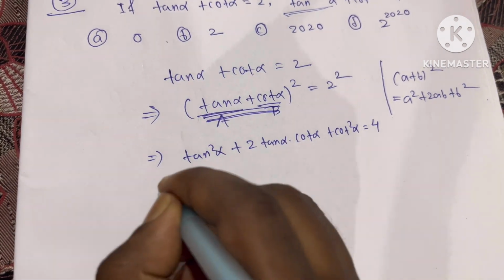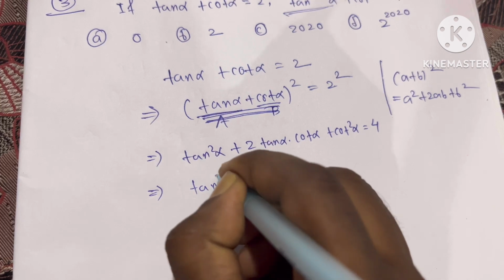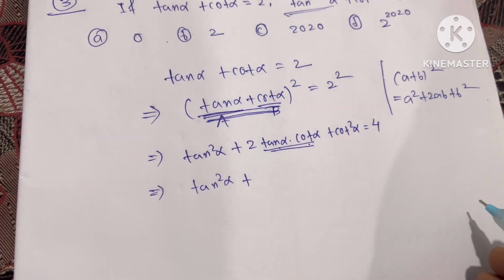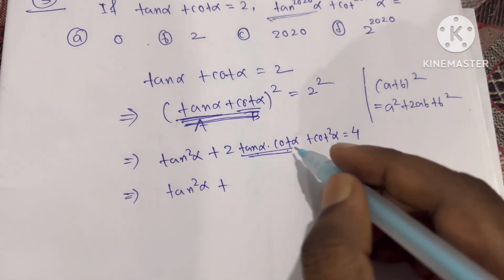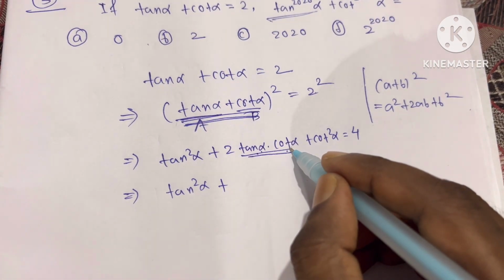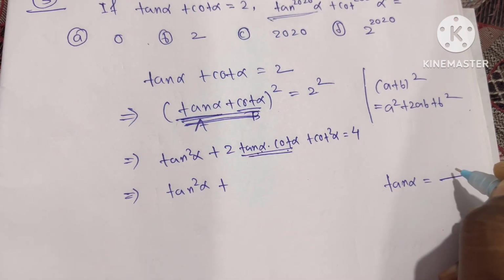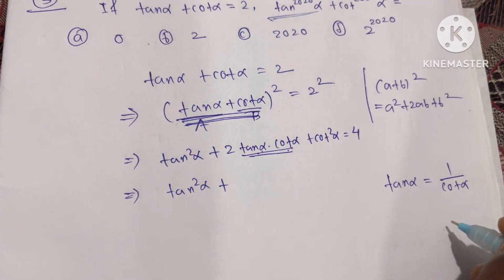Very simple. Now if we simplify tan square alpha plus, you see tan alpha and cot alpha are reciprocals of each other. That means if you multiply tan alpha with cot alpha, the answer will be 1. Why? Because tan alpha is nothing but 1 by cot alpha.